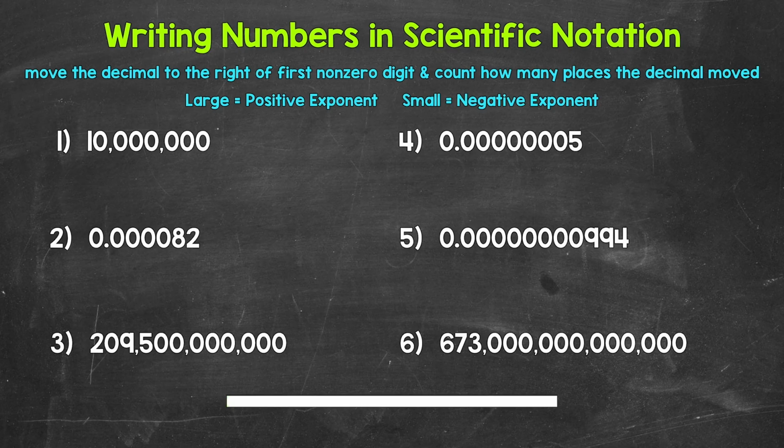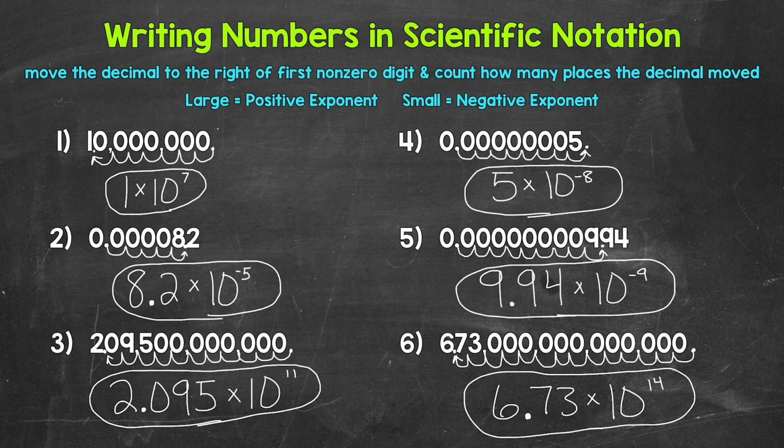Okay, so let's take a look at the answers here and see how you did. So here are our answers. For number 1, we have 1 times 10 to the power of 7. For number 2, we have 8.2 times 10 to the power of negative 5. For number 3, 2.095 times 10 to the power of 11.